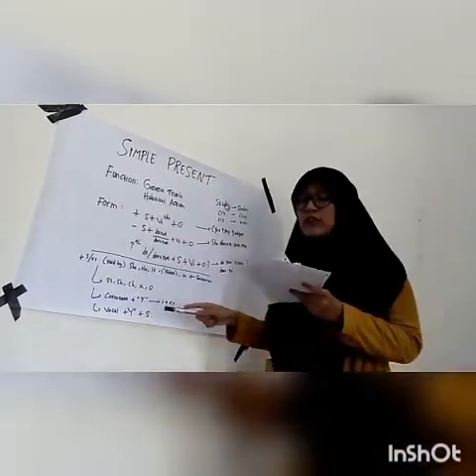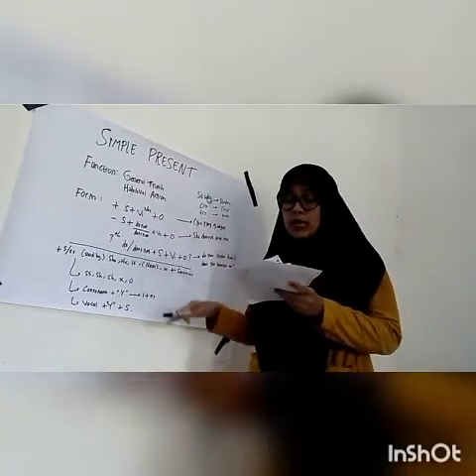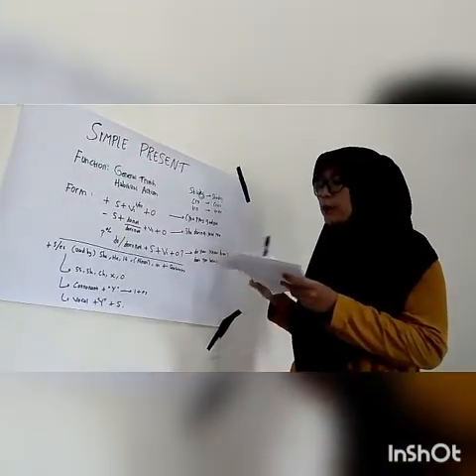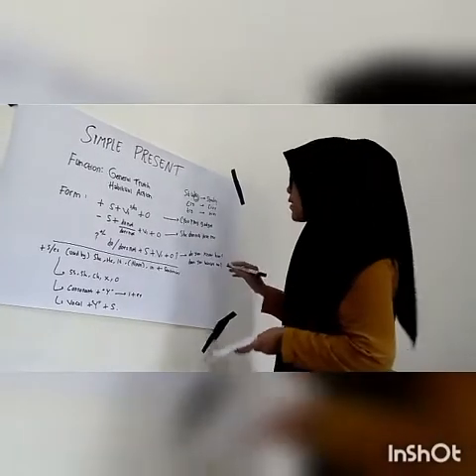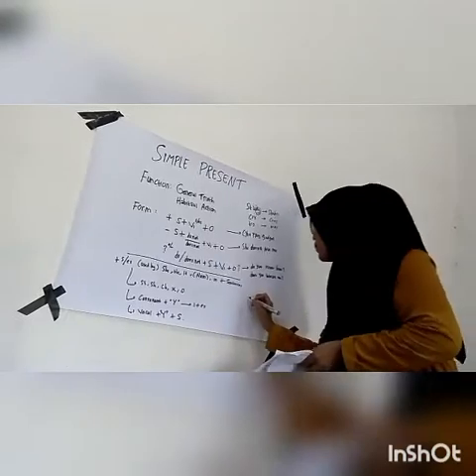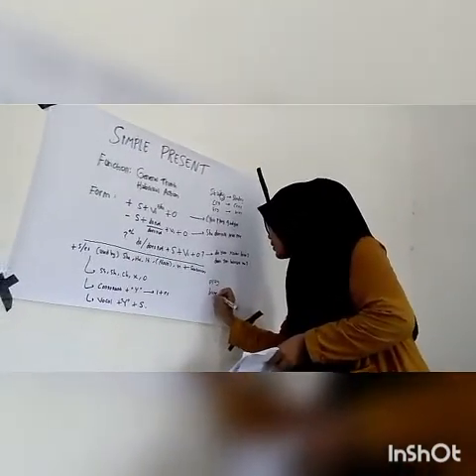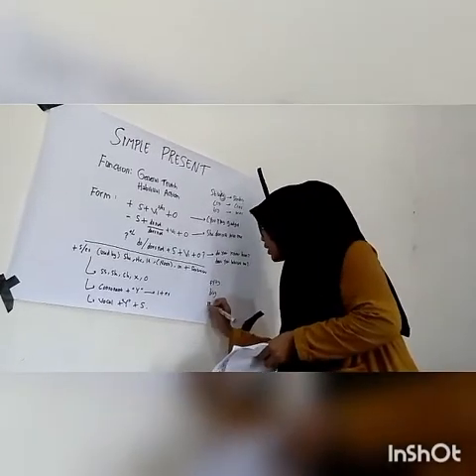If the letter Y is preceded by a vocal, add s to the letter Y. For example is play, buy, and pray.